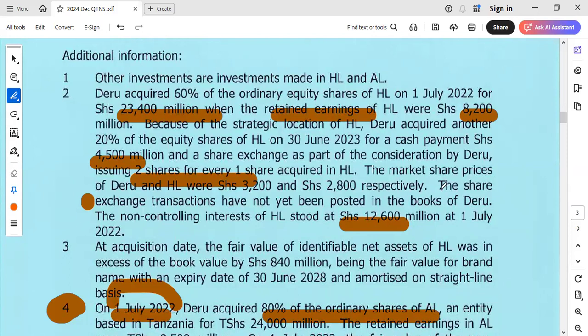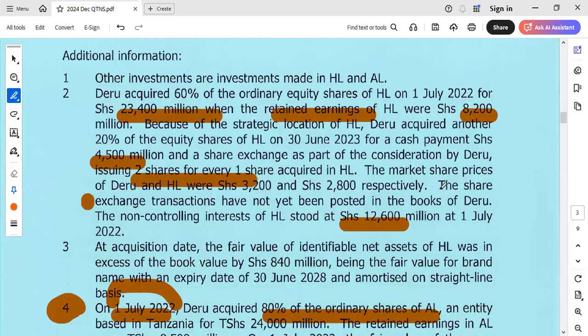I beg your pardon on that goodwill thing. You can only use the partial goodwill method if the examiner has specified it. If he has not specified, ask yourself, do I have a way where I can get NCI at acquisition?